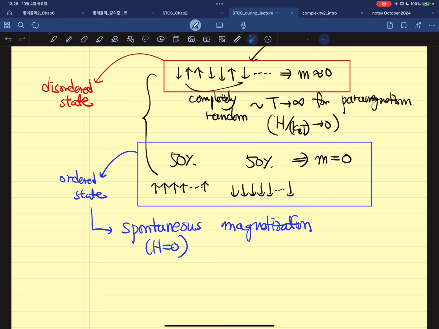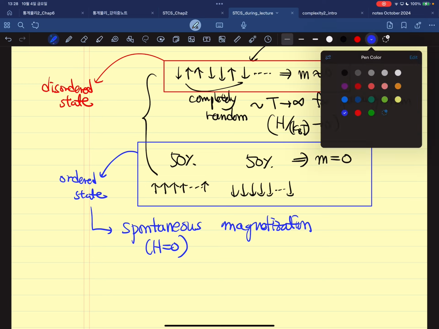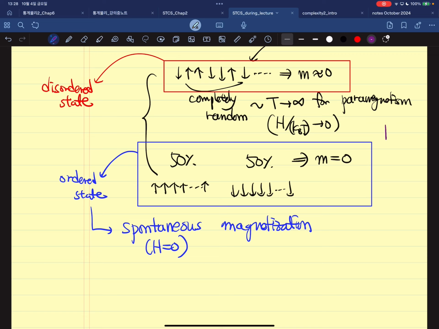One practical thing we can try is, as I suggested, to measure the absolute value of this thing instead of just taking the average. The absolute value of this one is 1 for every spin configuration, because there are just 2 configurations.